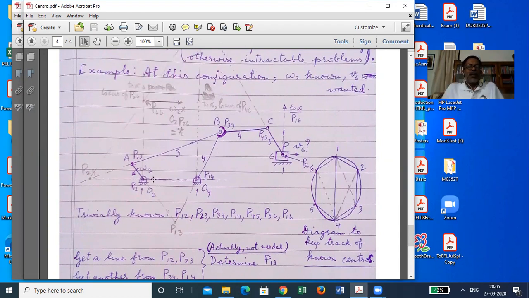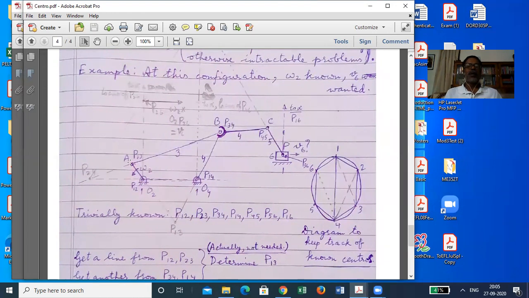Okay. So the kinematic diagram, the configuration has been already given, and trivially known centroids are P12, because between links 1 and 2 there is a revolute pair.